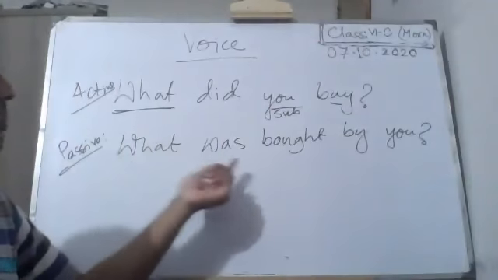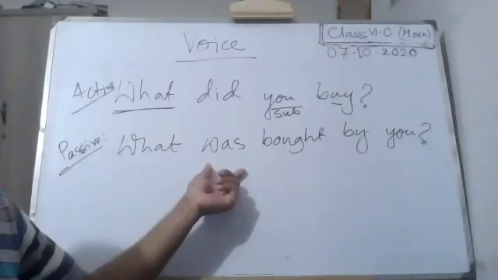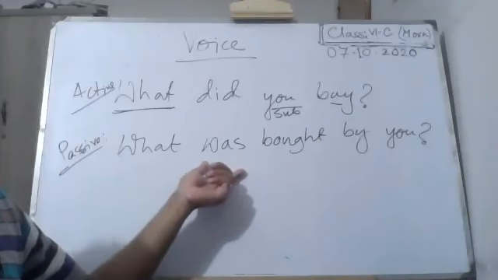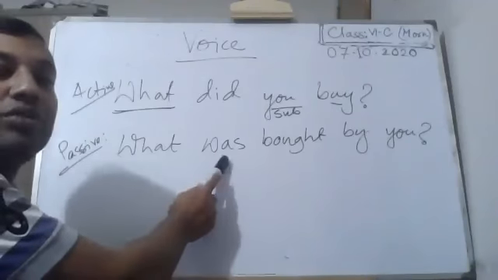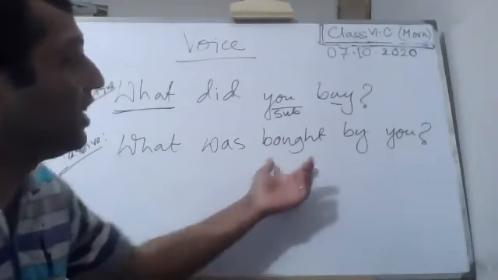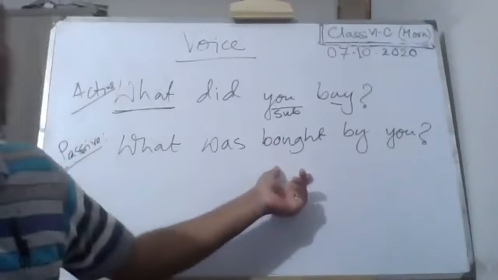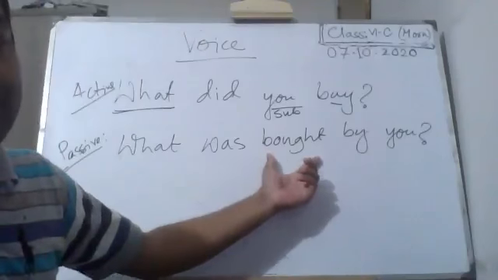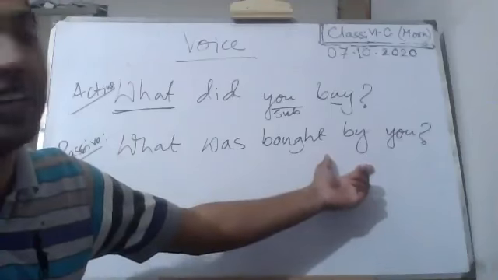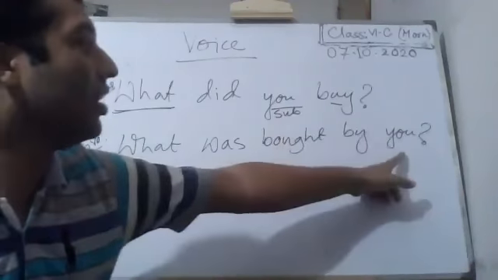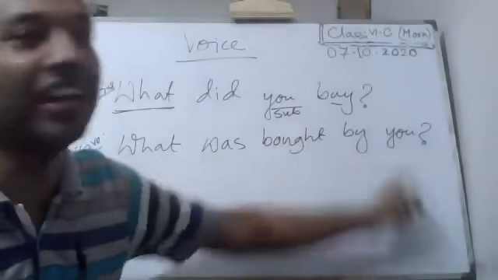After what, we have to use the auxiliary verb according to the tense. In past indefinite tense we need to use the auxiliary was or were; for this we have used was here. After that you have to use the past participle form of the verb. After that, according to the rule, we need to use the preposition by. The by is here and the objective form of you is here.